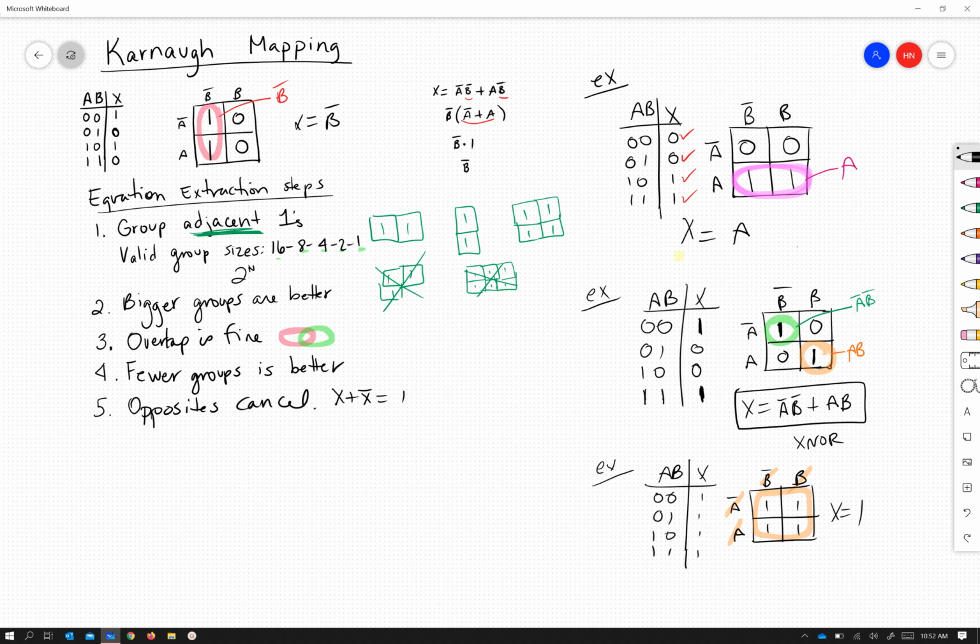But what happens if you have 3 letters like A, B, C, or 3 variables? So let's say I have a circuit that I'm trying to design. So that's 3, 4, 5. Yep, I hope I didn't miss any.